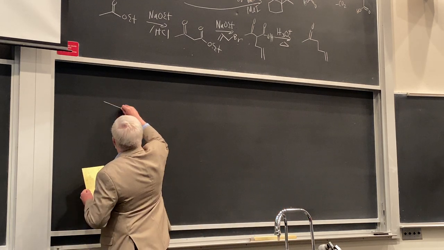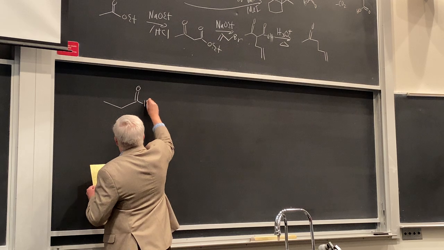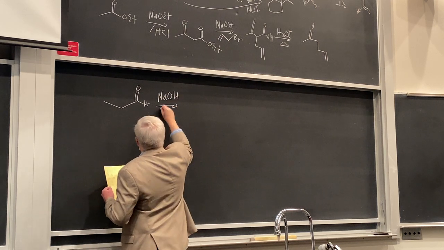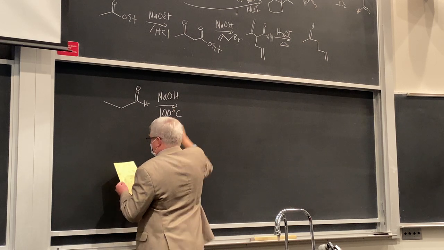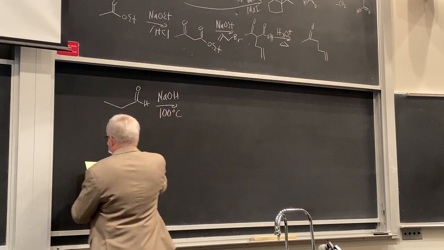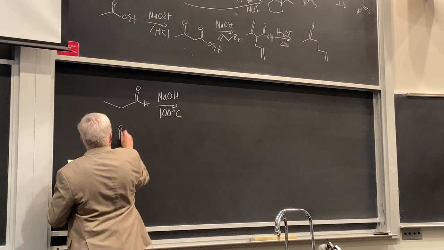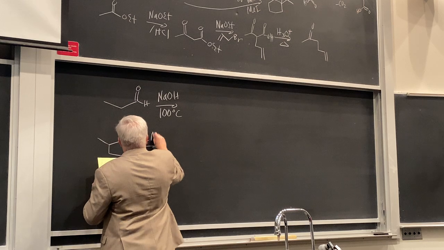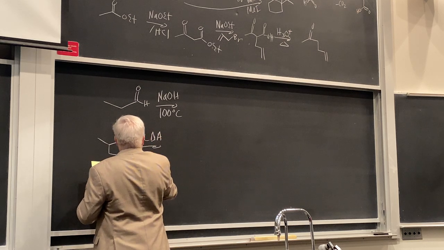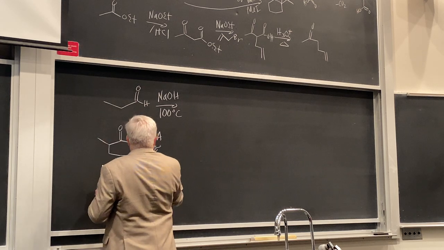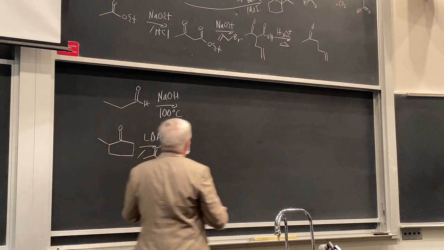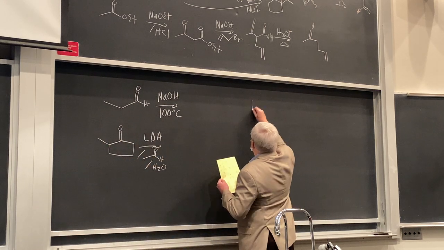How about this reaction? Sodium hydroxide with an aldehyde and heat, 100 degrees. How about this one? Speaking of LDA, and an aldehyde, and then quench with water. Let's see, how about this one?